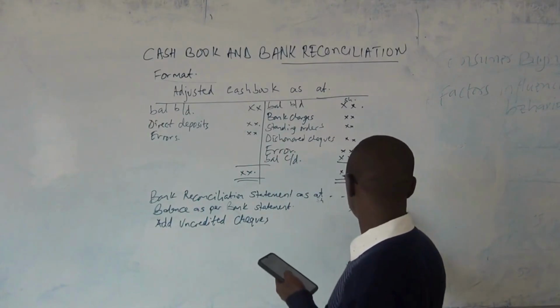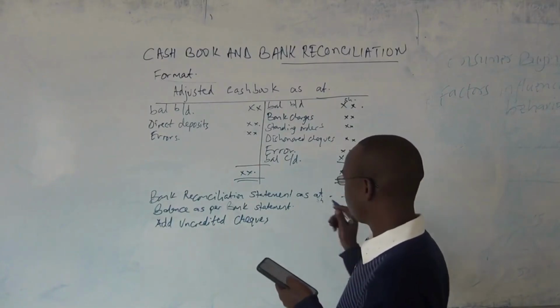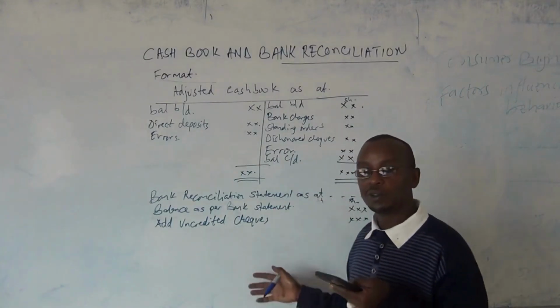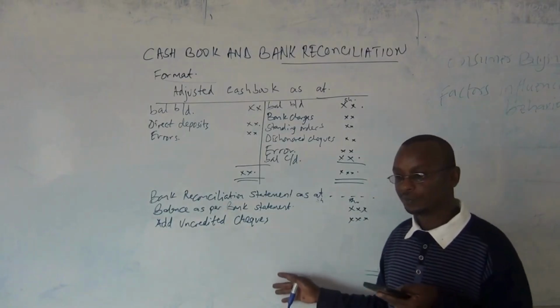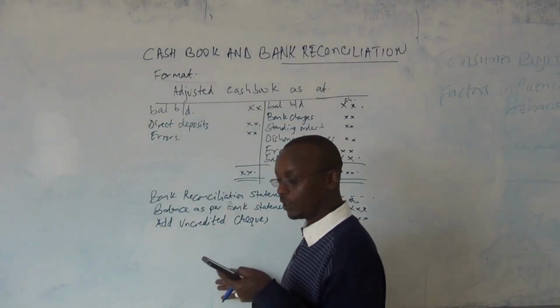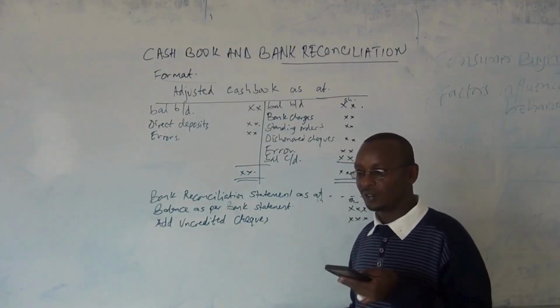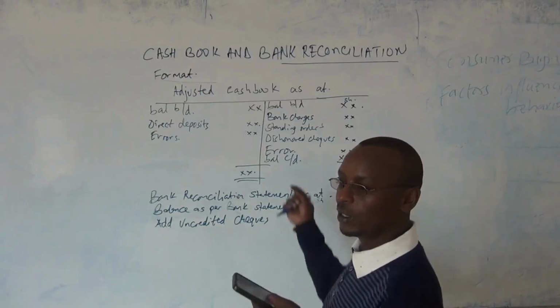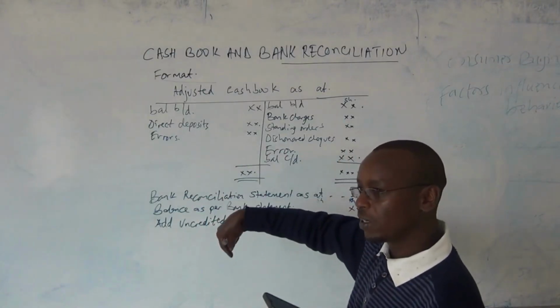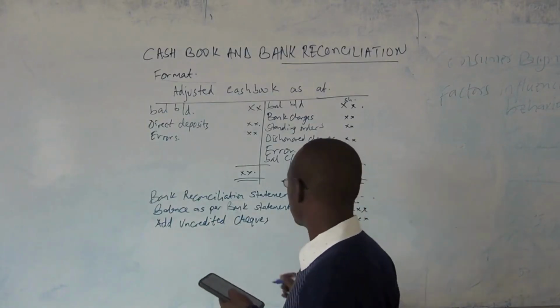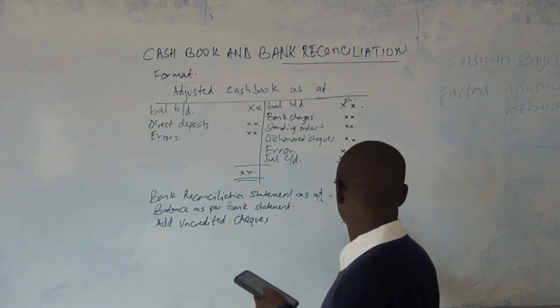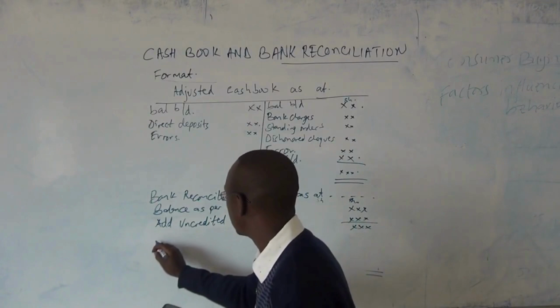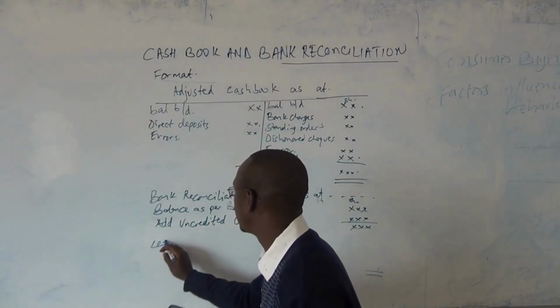It's a very nice topic to put a time. If you get this question in the exam, ensure that you get all the marks with minimum time so that you get time to do the other manufacturing and the others. So you add this, then you less what? Unpresented.